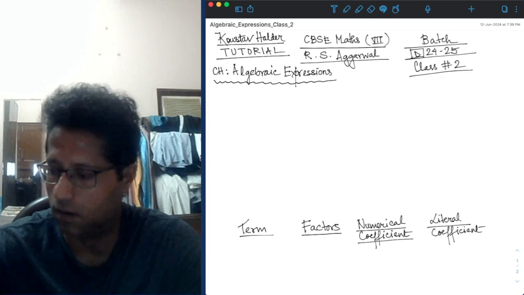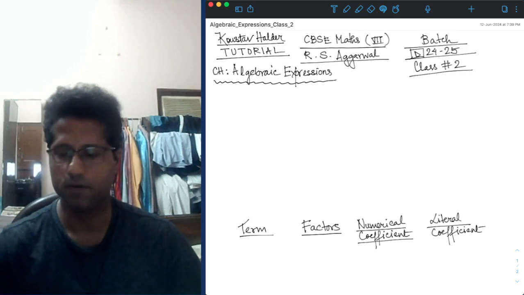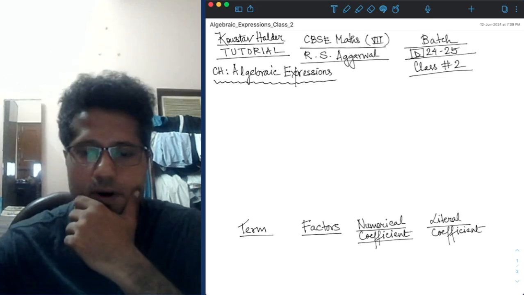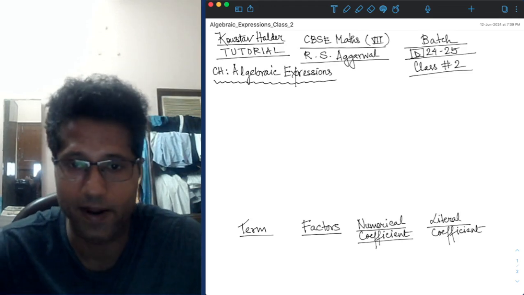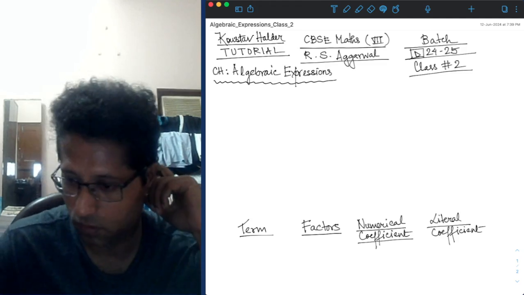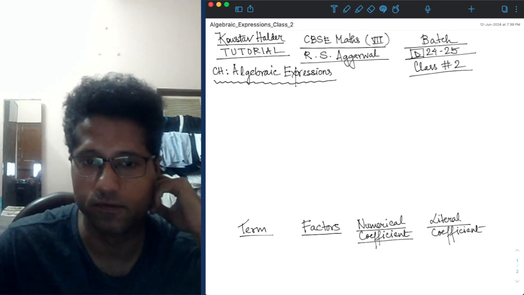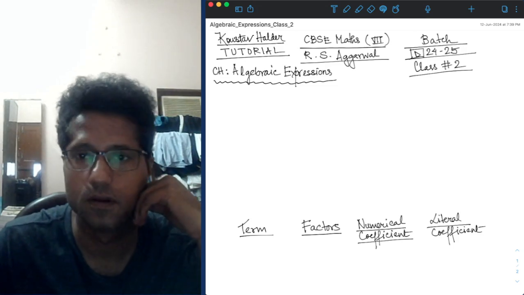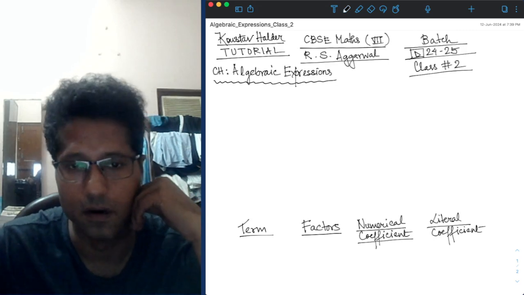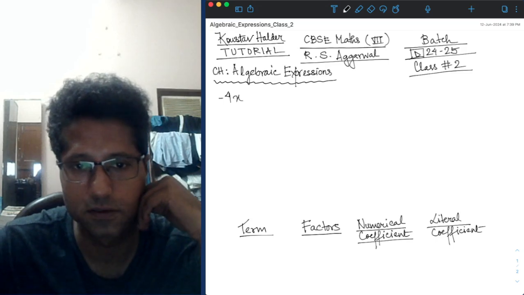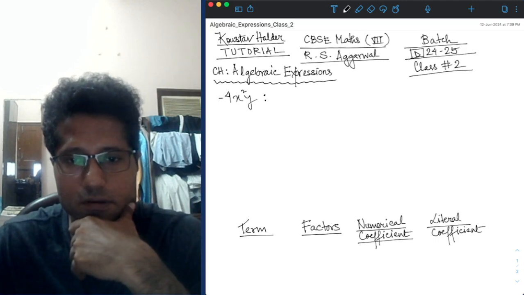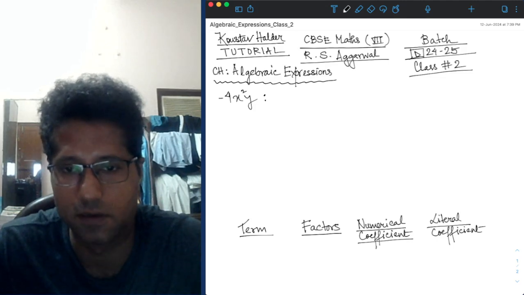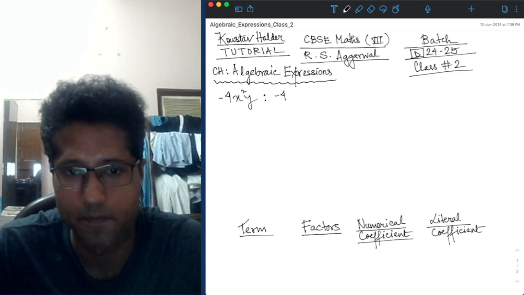Okay, so let me first clarify about the factors of a term. Given a term, what are its factors? In the previous video, in class number 1, I said that if we have a term, let's say minus 4x square y, then the factors will be the numerical factor, that is the constant part, minus 4, x square y.